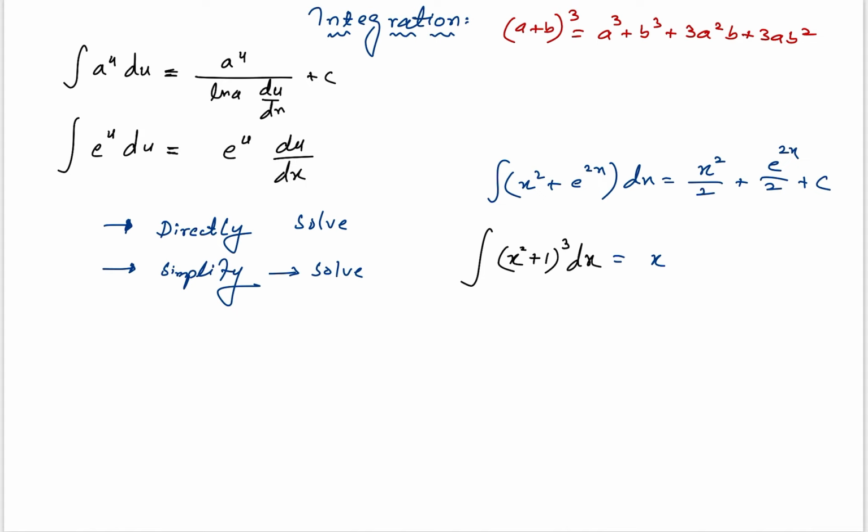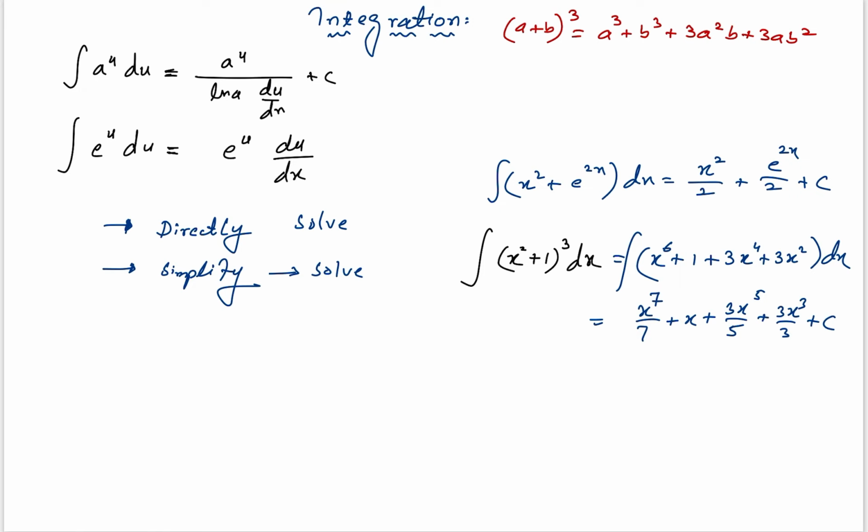This is a cube, so 2 3 is 6, plus b cube, 1 cube is 1, plus 3a square b, plus 3ab square. Then you can take its integration. So its integration is x to the power 7 over 7 plus x plus 3x to the power 5 over 5 plus 3x cube over 3 plus c, right?